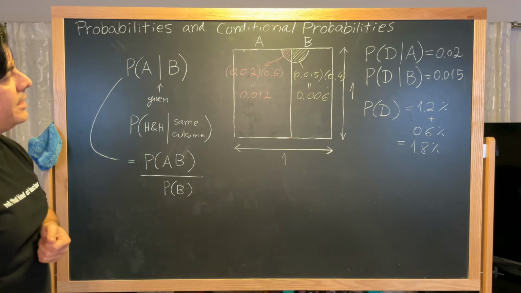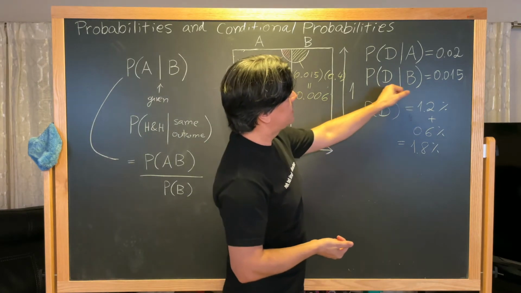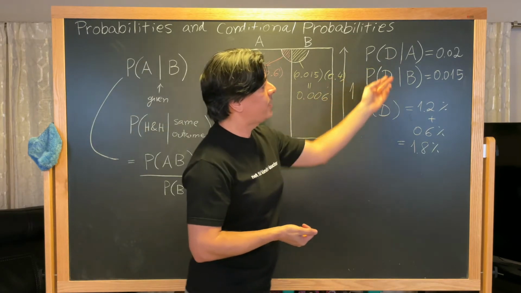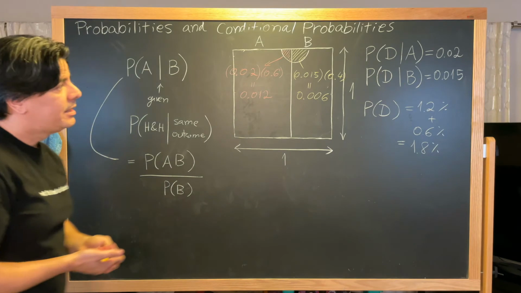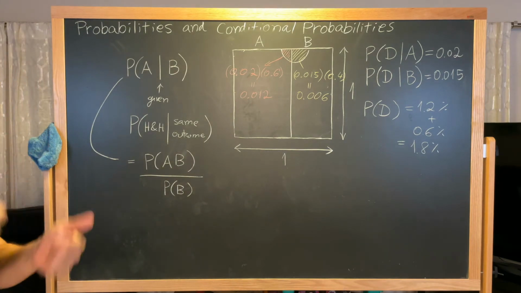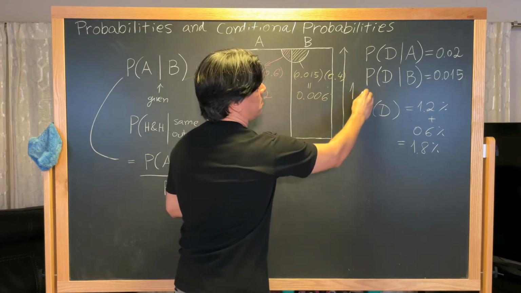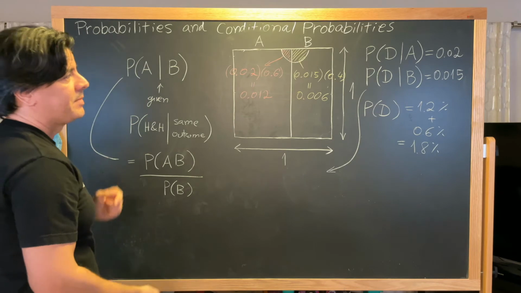Okay? Now comes a variation of this. Sometimes we are given a conditional in a certain direction: given A, what is the chance of defective? But we're actually interested in the opposite. What I really want to know is the following.